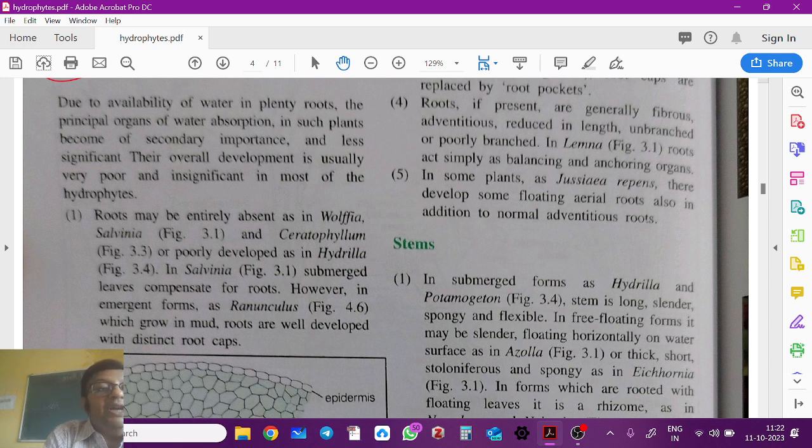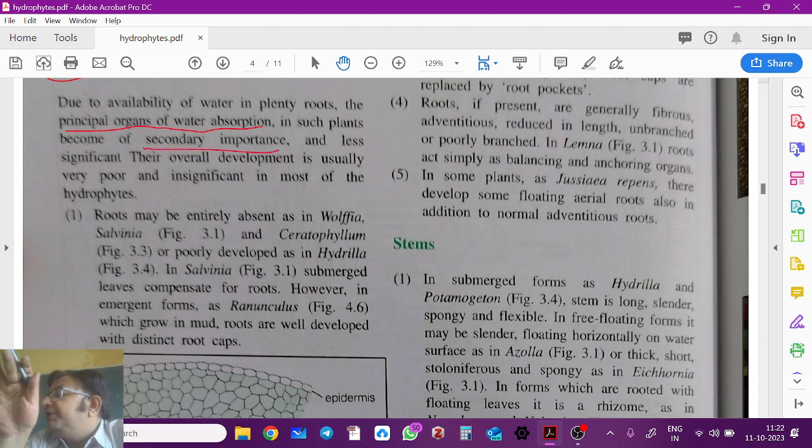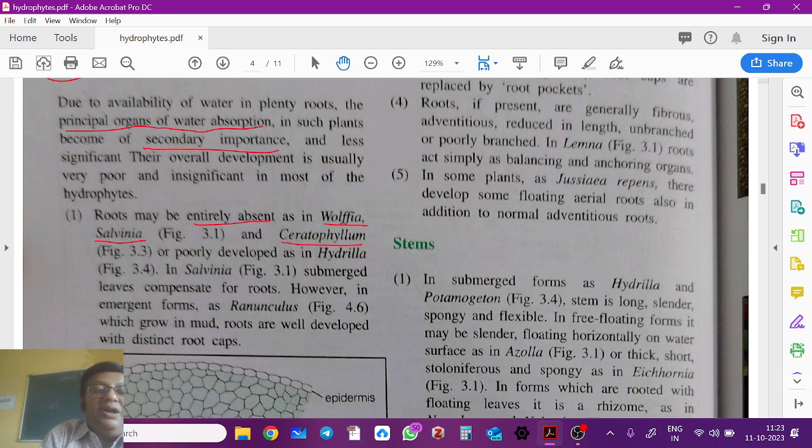The principal organs of water absorption, as you know, are the roots. In such plants, roots are of secondary importance because water is present in abundance. Roots are entirely absent in Wolffia, Salvinia and Ceratophyllum, or poorly developed in Hydrilla.